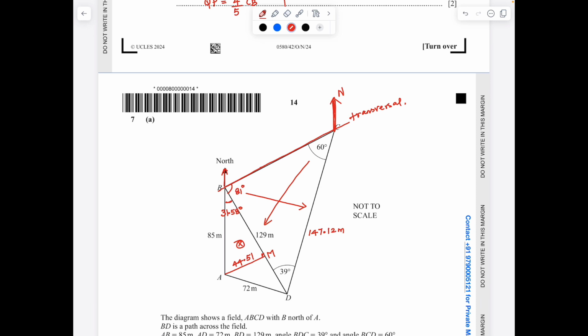Both the north lines are parallel to each other. Now the angle NCB will be the sum of 31.58 plus that 81 degrees, that means these two angles, which is nothing but 112.58.